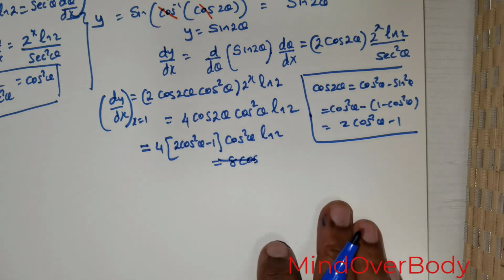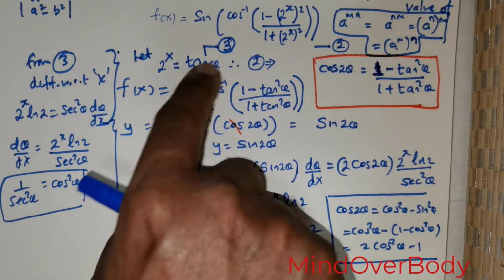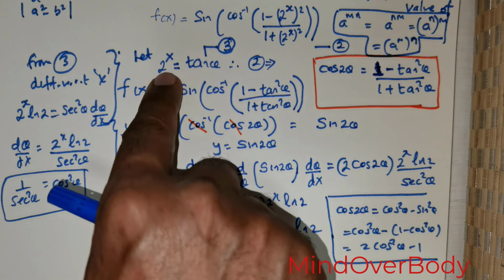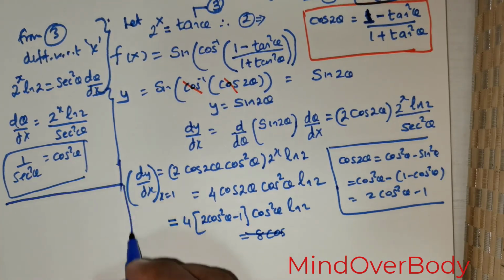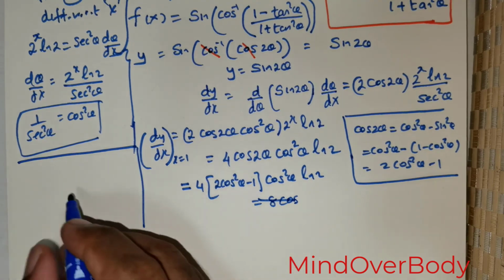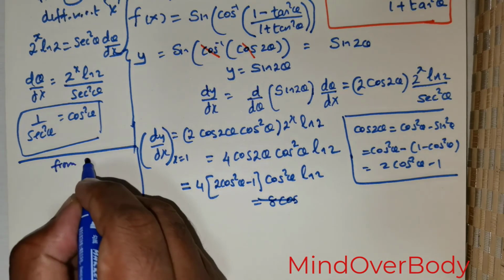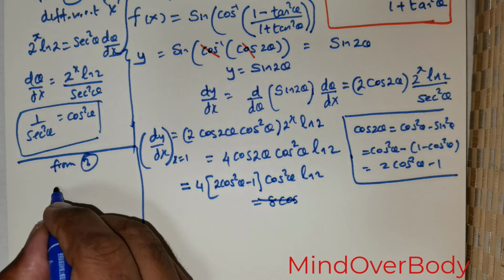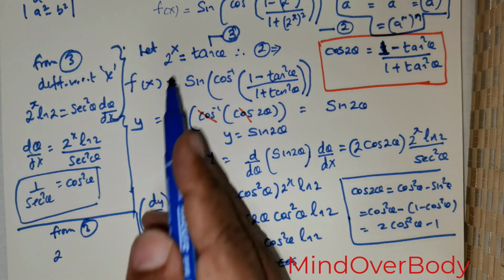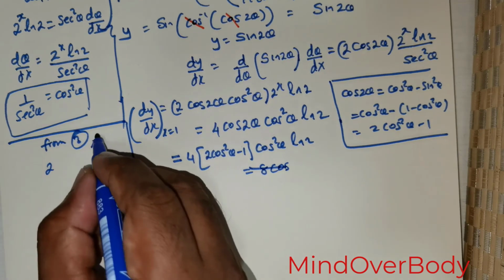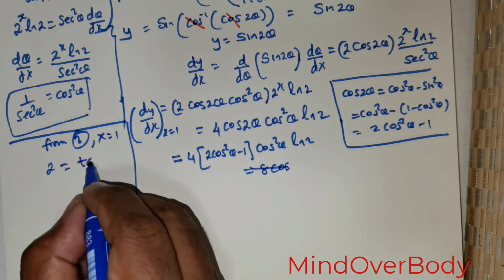Now how am I going to obtain the value of cos? From 3 we got 2 raised to the power of x is equal to tan theta. So let me just use that. I'm going to use this part of the page. Okay, from 3, 2 raised to the power of x, and x is equal to 1, this is going to give me tan theta.